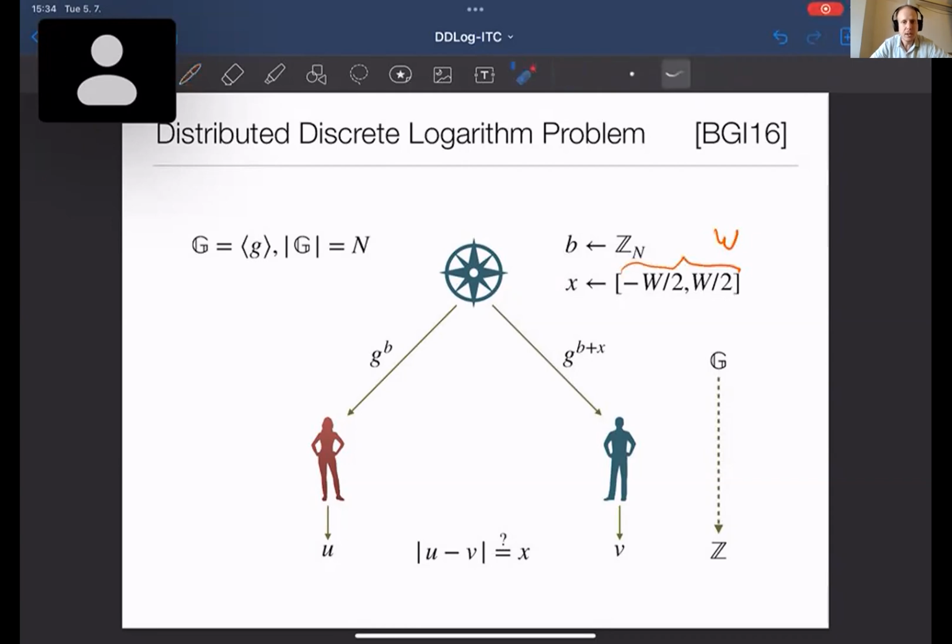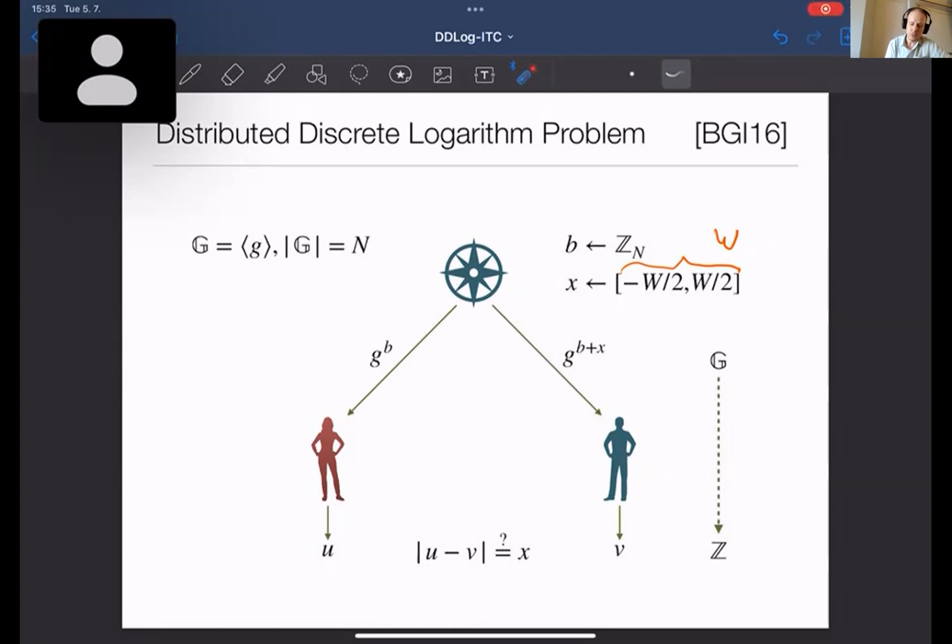So we can think about the secret X as being sampled from the interval minus W over 2 to W over 2, and this is exactly the offset of the two group elements with respect to multiplication by G, okay? So, right, they could each guess and succeed with probability, let's say, 1 over W squared, at least.